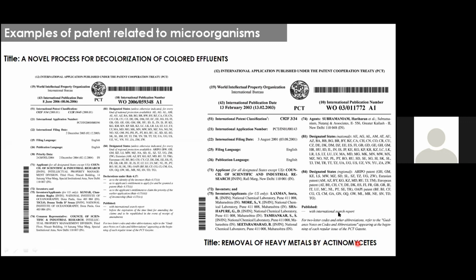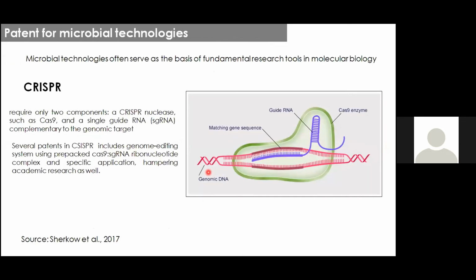So again, this was a patent from a CSIR lab. So these kinds of microorganism-based patents are increasing year after year in India as well as in different countries' patent offices. Now, when we say microbial-based or microorganism-based patent, it not only includes the product and the process, but also the microbial technologies.